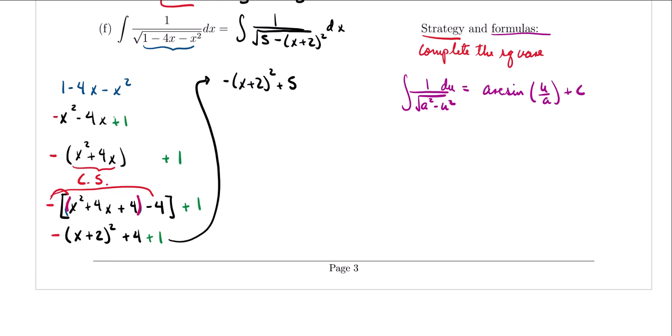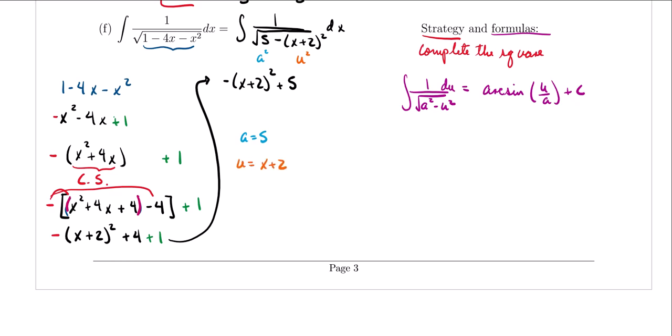So in this problem, we see that our a squared is the 5, and our u is simply the x plus 2. So let's see what we would get then. I'll put here the a being 5, our u being x plus 2.